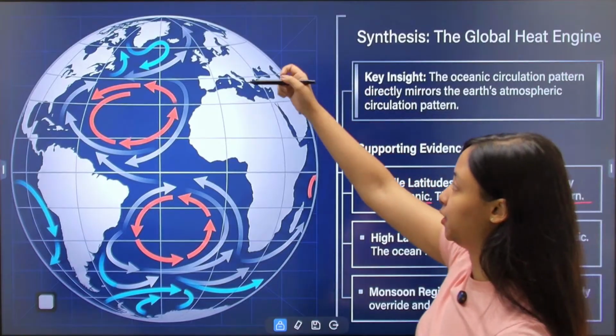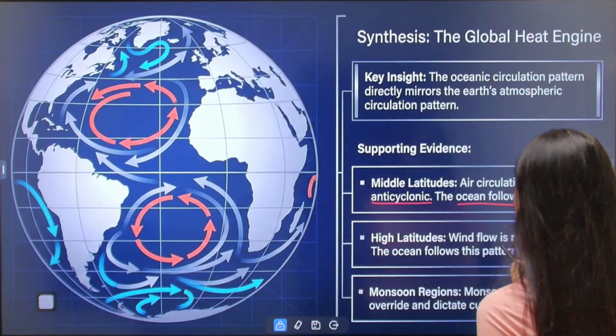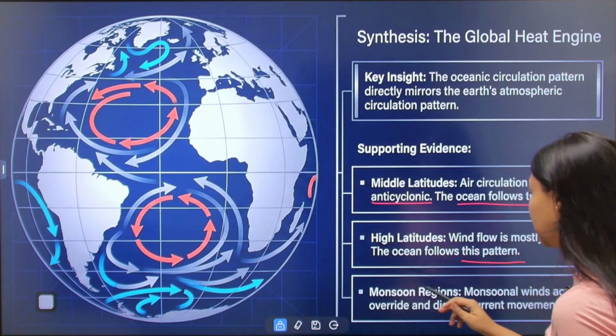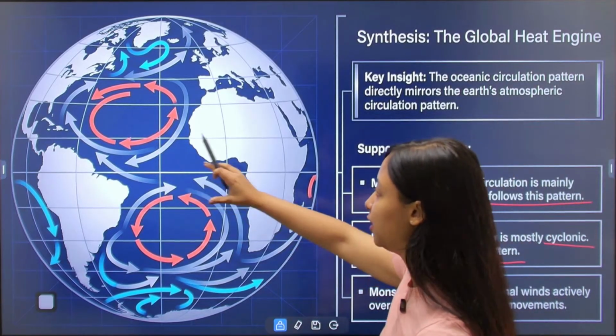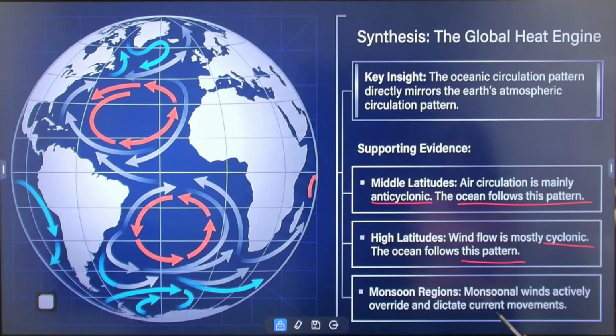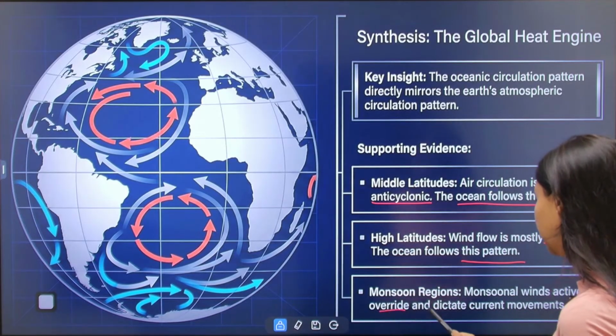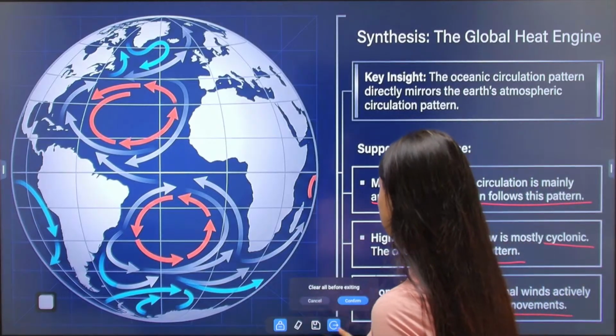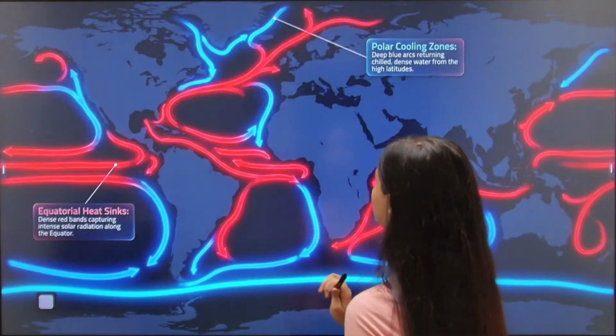In the higher latitudes, the wind flow is mostly cyclonic, so the ocean will also follow this pattern. In monsoonal regions, middle latitudes basically, monsoonal winds actively override and dictate the current movements. We will also look at how monsoon winds change the direction of ocean currents.